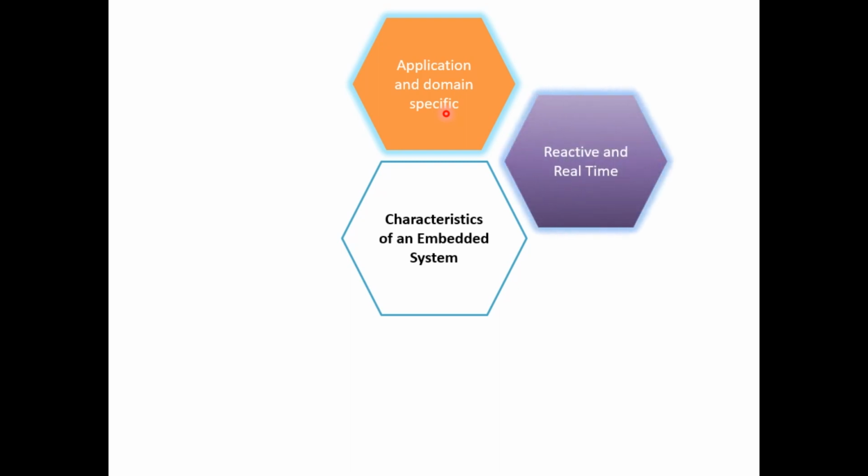So the next one is reactive and real time. It's very important to understand this characteristic. What do you mean by a reactive embedded system and what do you mean by a real time embedded system? Embedded systems are in constant interaction with the real world. For that we have these IO subsystems, maybe through sensors or any other user defined input devices, right?